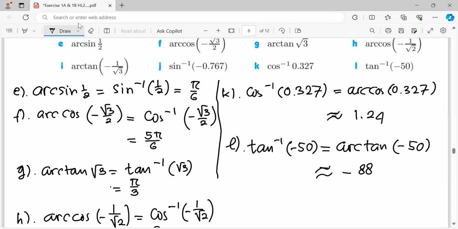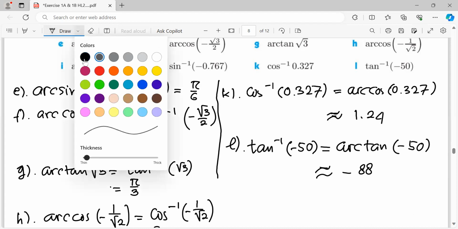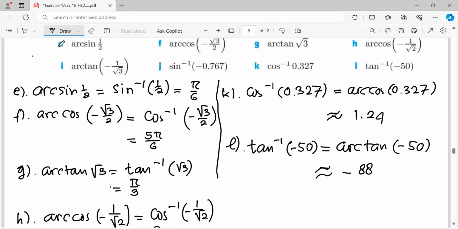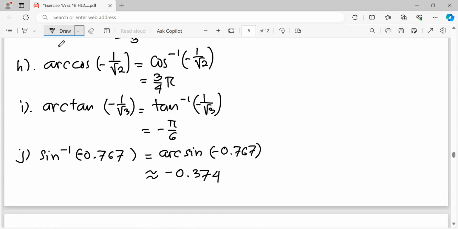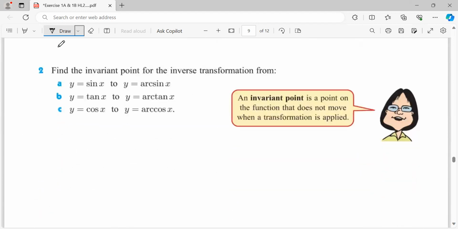I have to determine with my calculator, because I have to make sure that the solutions of the equations are right.